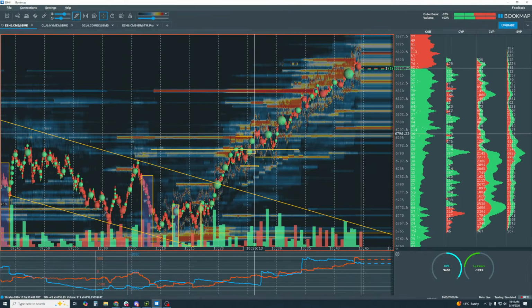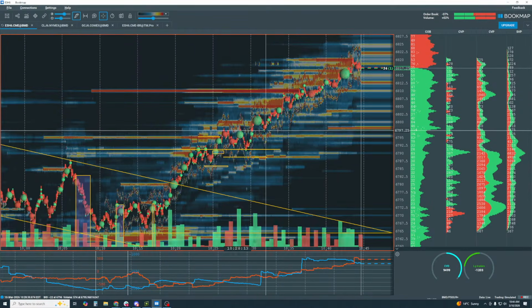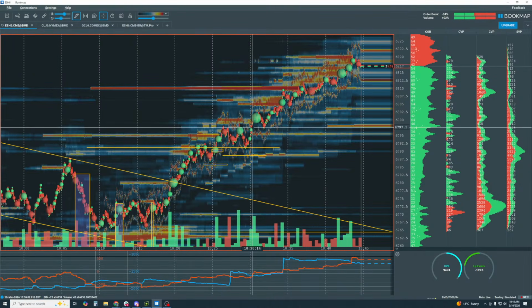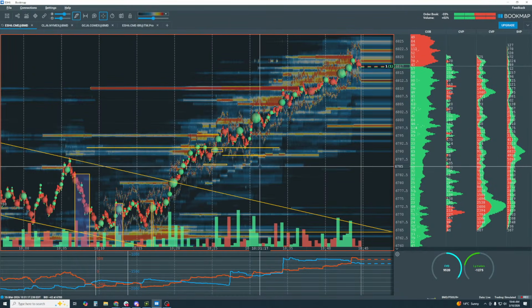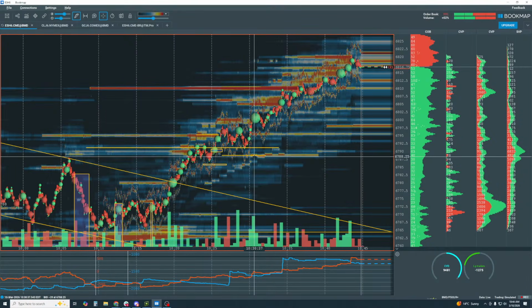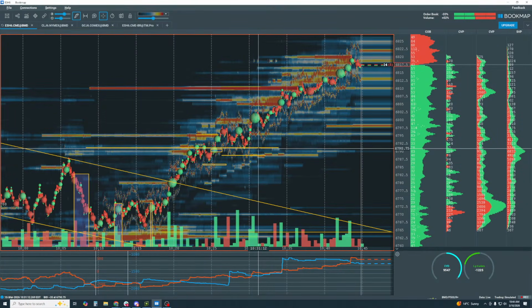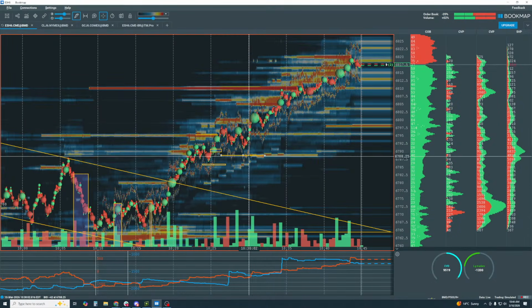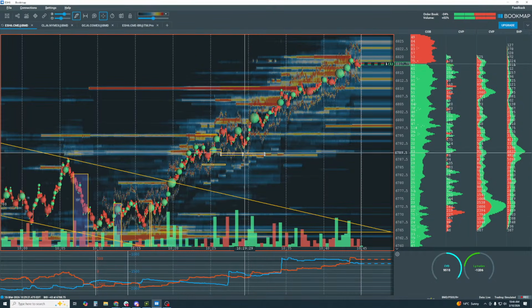But now it's accepting in this new zone in here. Once it breaks that level, now you bring your stop up. Okay, so now let's get rid of this line and let's move our stop here.